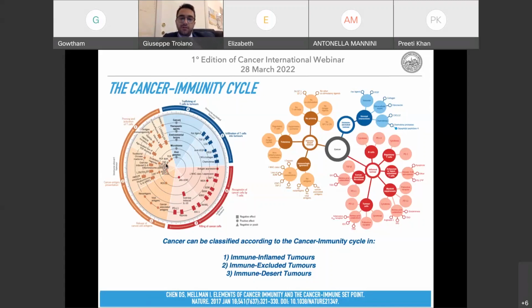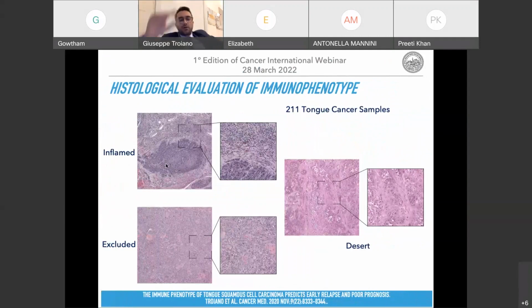And we studied this on our cohort of 211 tongue cancer samples, and we tried to classify the tumors according to the Chen and Mellman classification based only on histological evaluation. We found that it is very difficult to differentiate between inflamed and excluded tumors, but it's very easy to classify immune desert tongue squamous cell carcinoma.